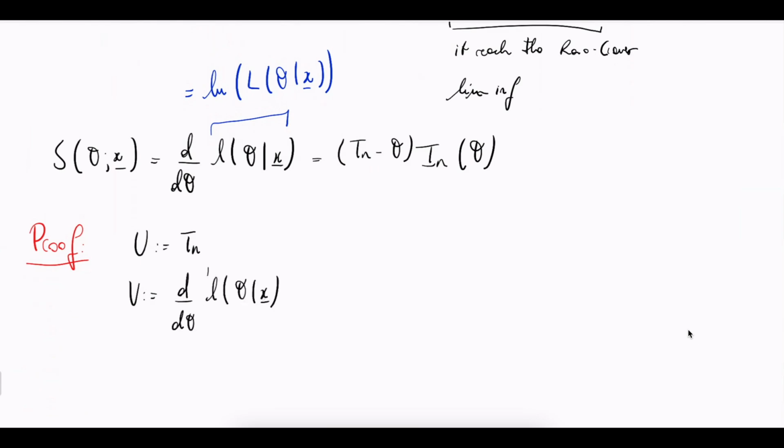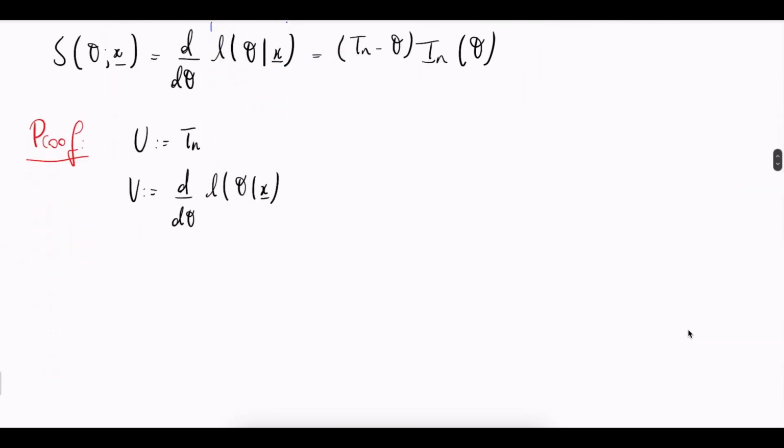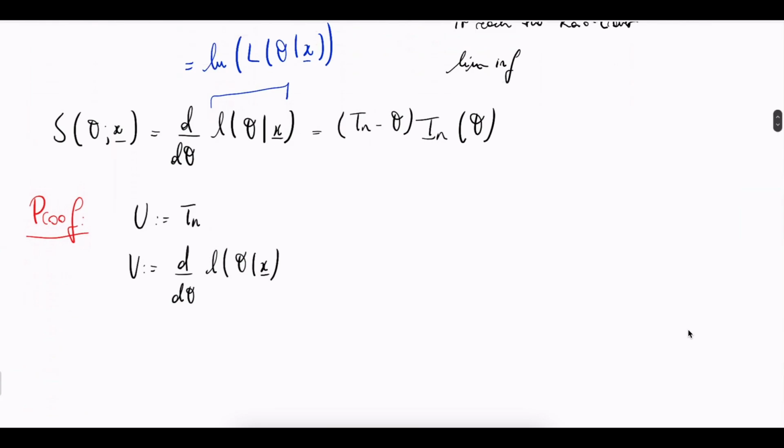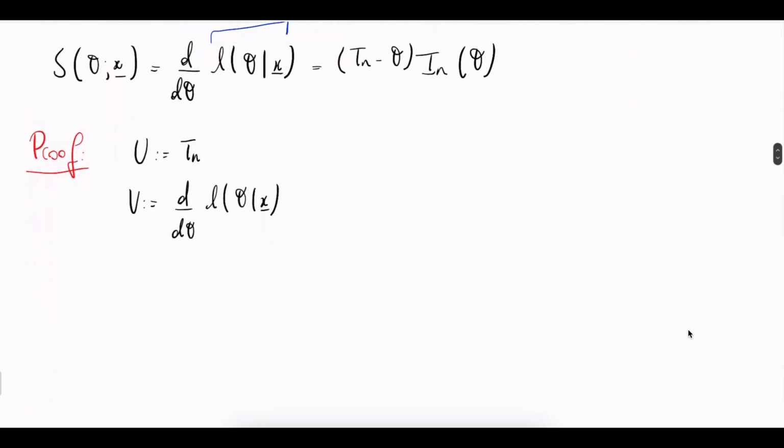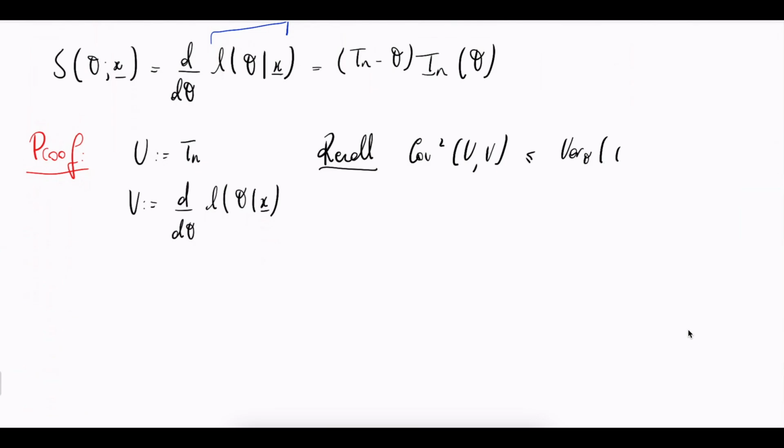Remember, this is a function of theta, right? At this point, we can recall that the squared covariance of U and V, where U and V are random variables, is less than or equal to the product of the variances, as usual writing theta here to remind ourselves that we are under parameter uncertainty.